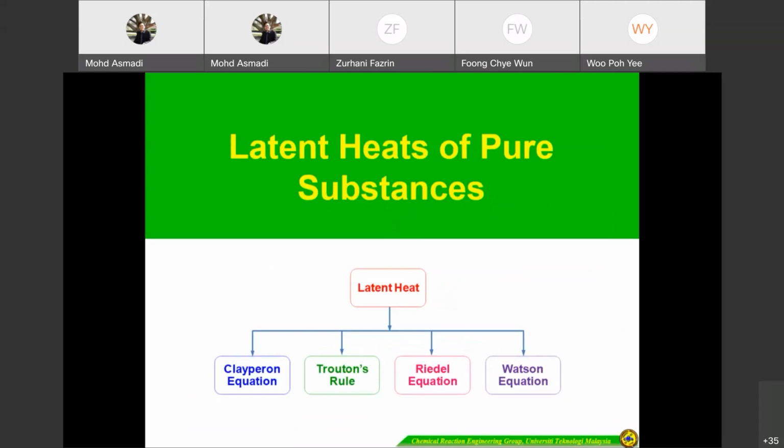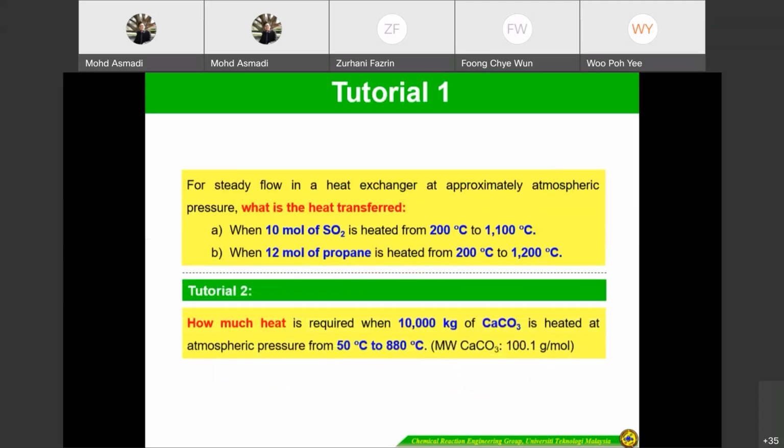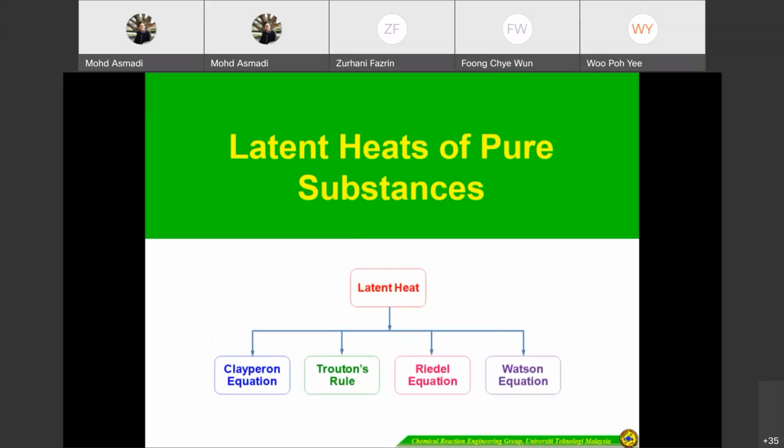The tedious part is how to do the iteration. Any questions? I guess no questions, so let's move to the latent heat of pure substance.